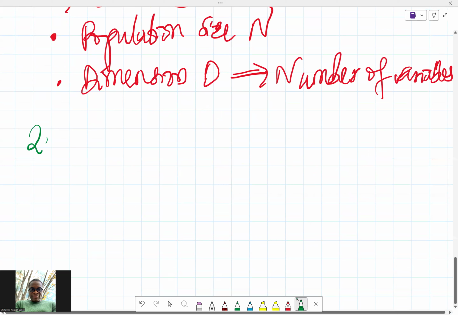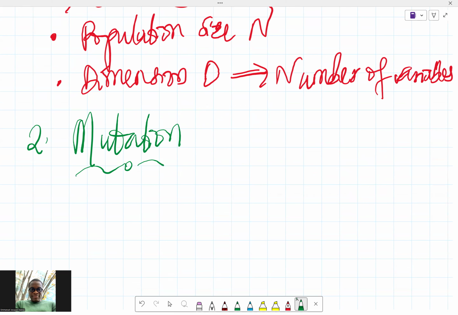Then number two, you talk about mutation. It's evolution, right? But it's differential.